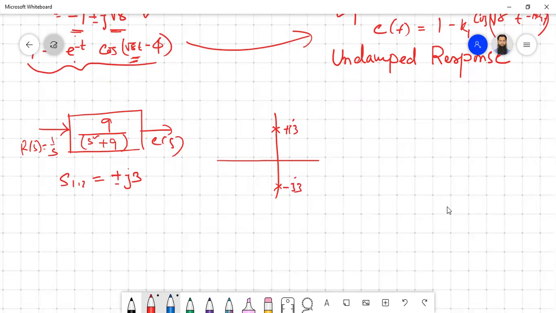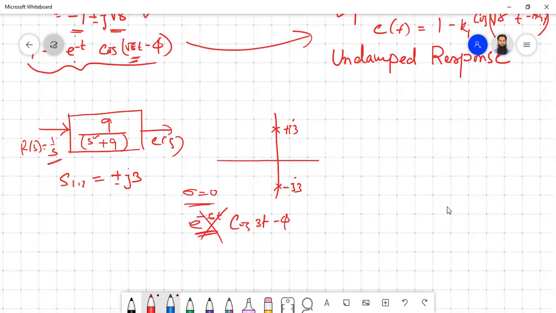As you can see, sigma is 0. Sigma value 0 means e to the power minus sigma t, the exponentially decaying function, is not present. What is left is only cos(omega t), maybe cos(3t minus 5).